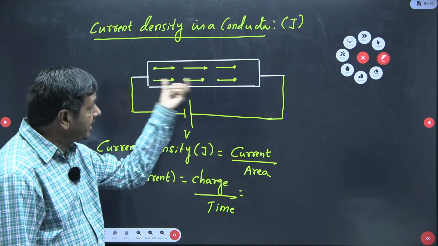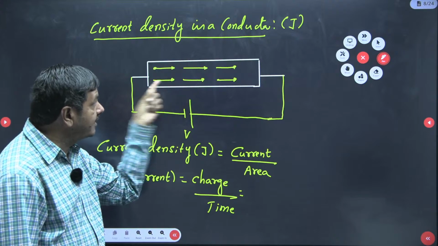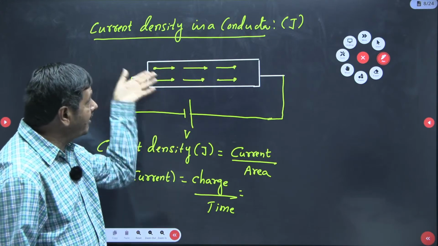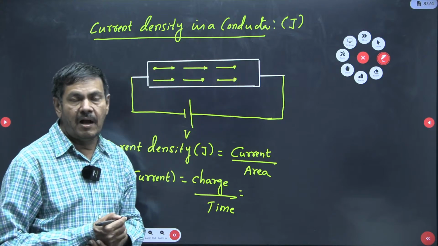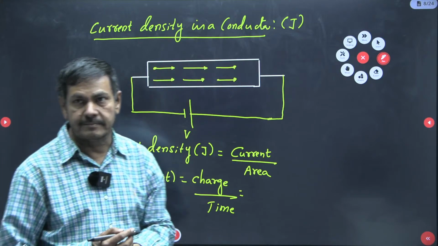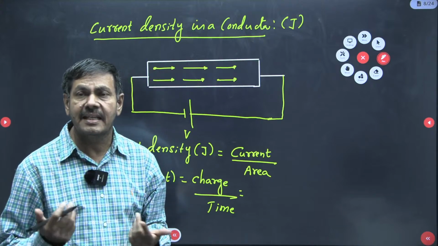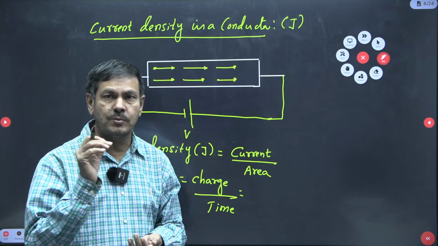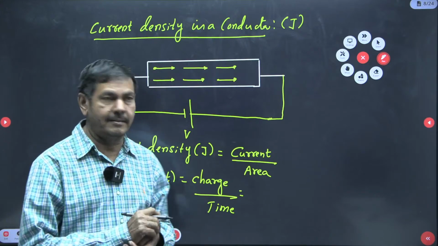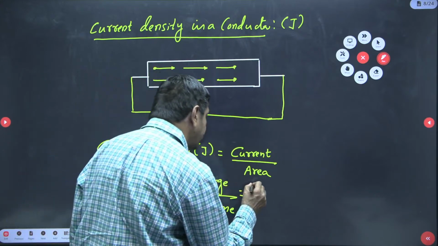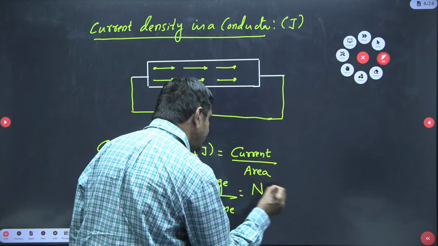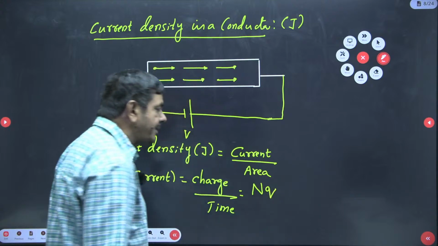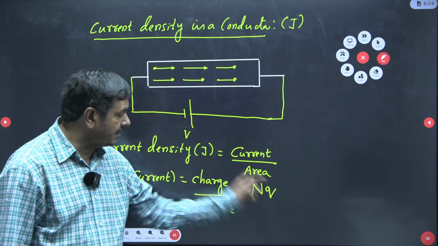But in this particular conductor, we are not going to find a single charge carrier moving. Multiple electrons are moving. How many? We can say N number of electrons are moving here, and I take that N as capital N. Charge is nothing but N number of electrons, Q or E is allowed. Number of charges are moving.